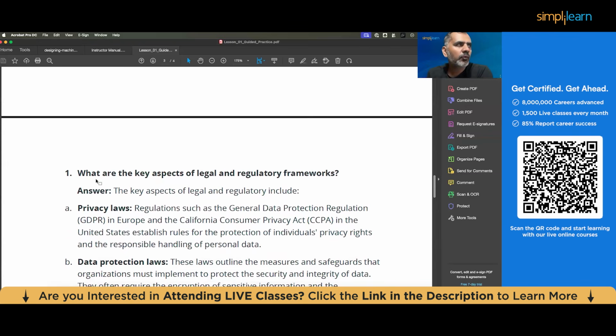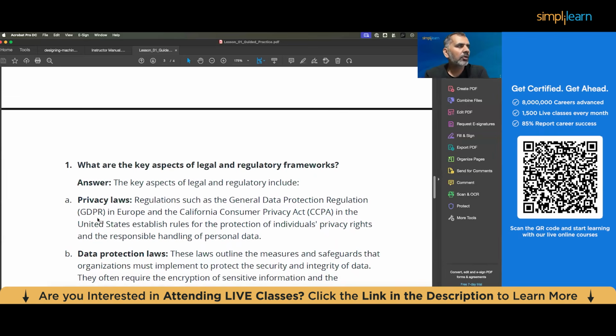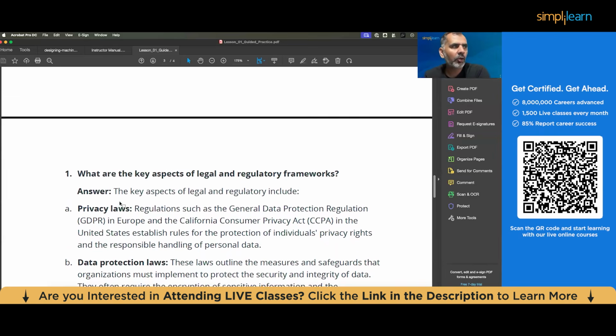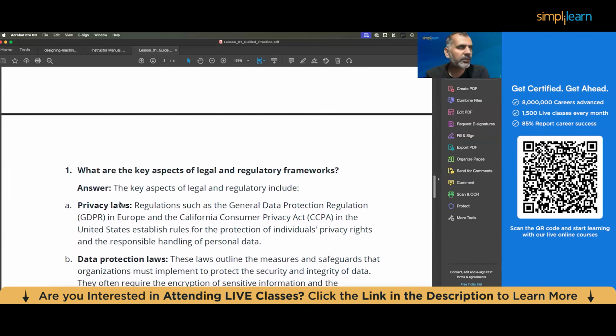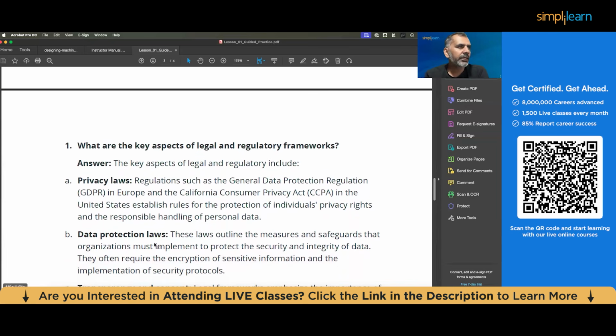Now, what are the key aspects of the legal and regulatory frameworks introduced here? One is the privacy law, because we are talking about sensitive information that is definitely being protected here. Then data protection law, which talks about data security, how you should store the data and how you should transfer the data.